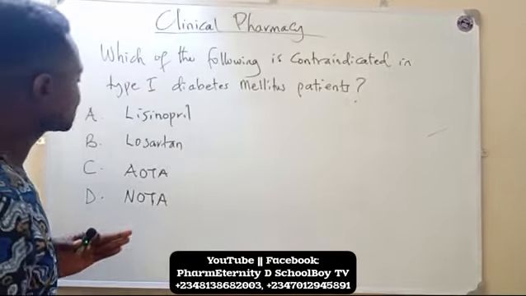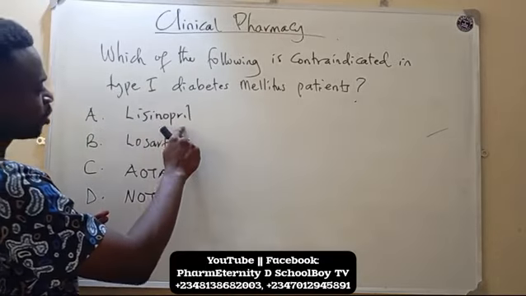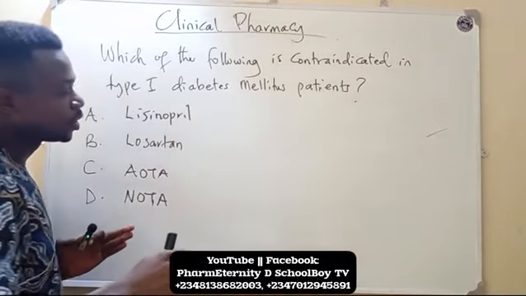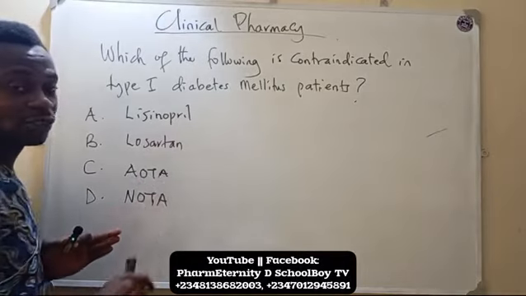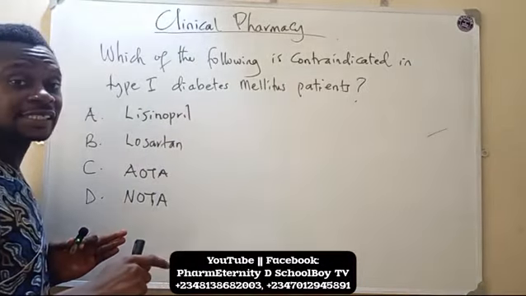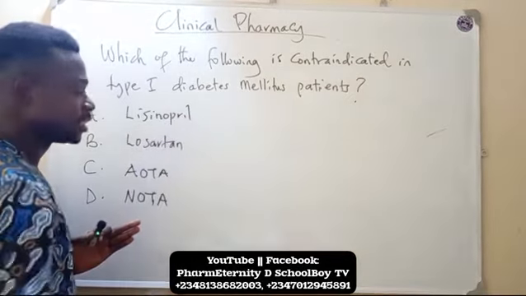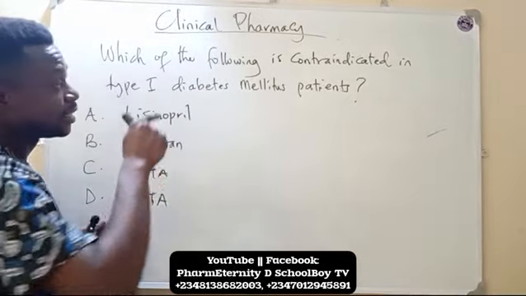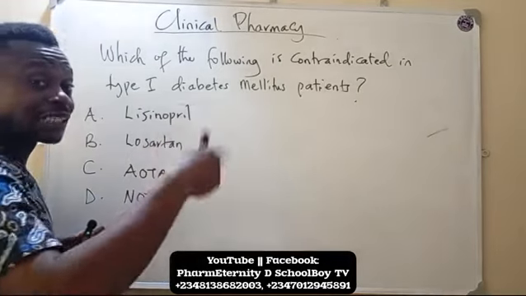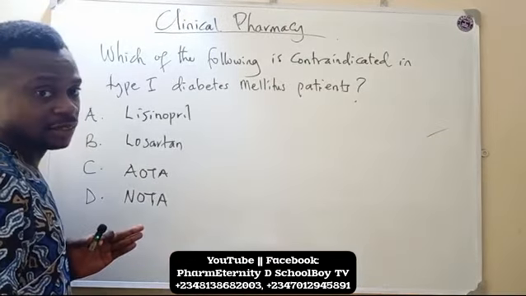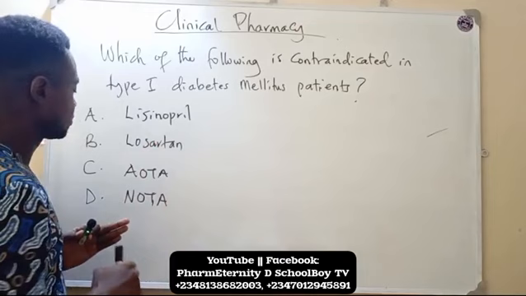They want us to choose from these antihypertensives. Basically, the first one is lisinopril. Lisinopril belongs to the antihypertensives known as angiotensin converting enzyme inhibitors. They have effects on the kidney. And you know that diabetes also has complications in the kidney, nephropathy.